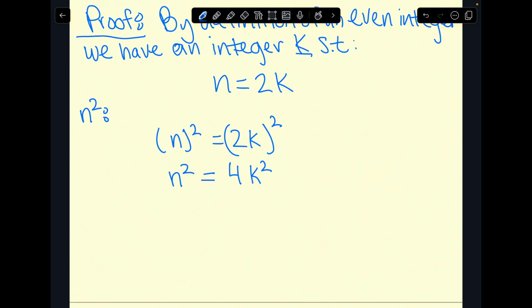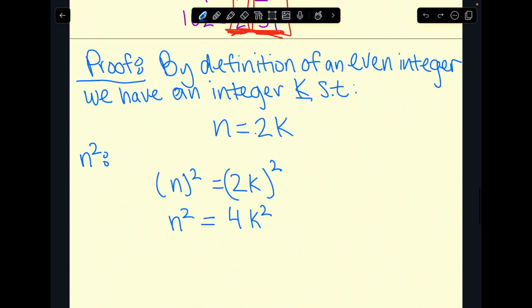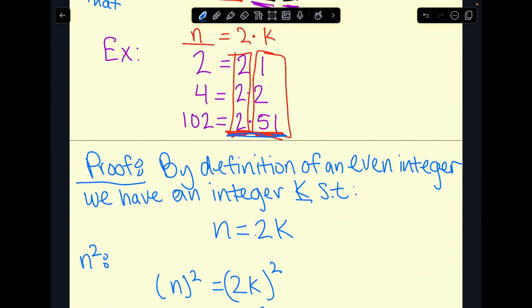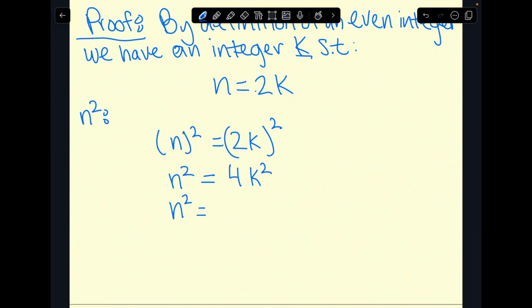Now that we have simplified n squared, we can rewrite the right-hand side so that it looks like our definition of an even integer, similar to how we did for our more literal examples. Rewrite the right-hand side as 2 times 2k squared. So by definition, we know that 2 belongs out front.